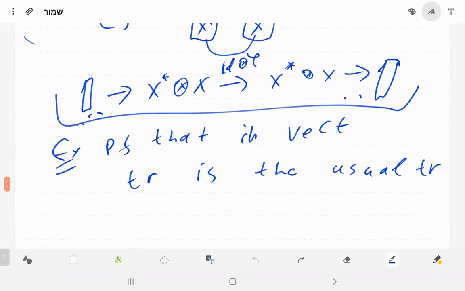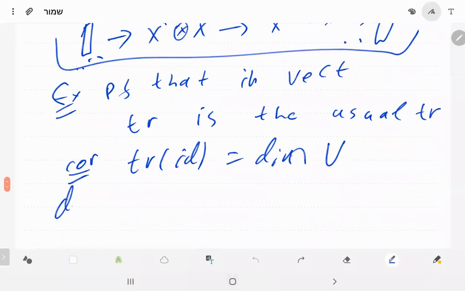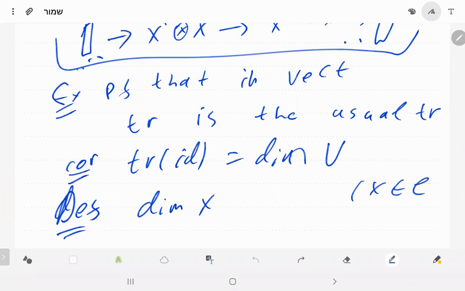So once you prove that the trace is the usual trace, you also can get the corollary: the trace of identity is dim V. And now in general, definition: dim x, x in C, is defined to be the trace of identity. Here the corollary is in Vect, and the definition is general.